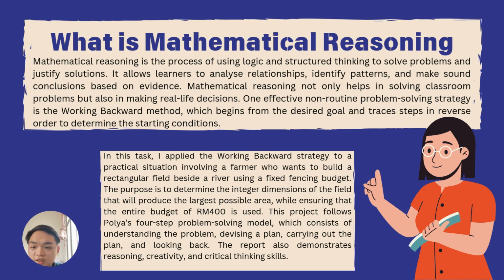The purpose is to determine the integer dimensions of the field that will produce the largest possible area, while ensuring that the entire budget of 400 ringgit Malaysia is used.